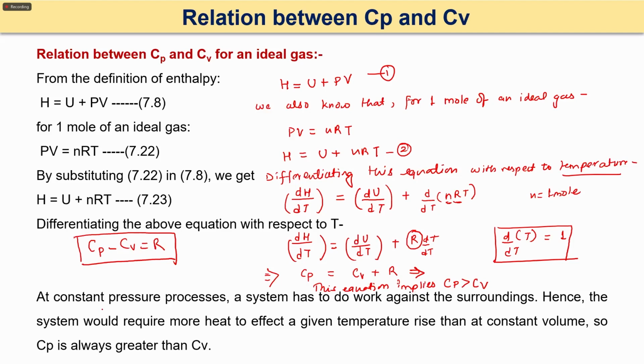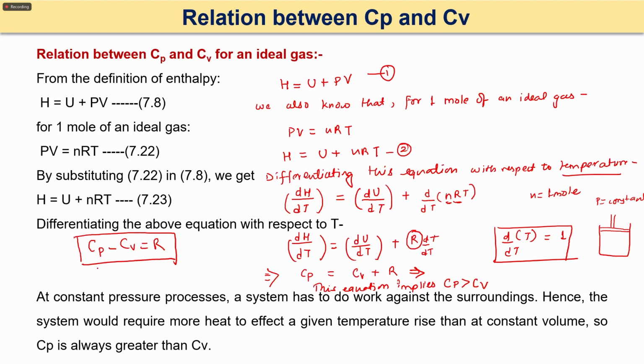If a process is happening at constant pressure, and we want to raise the temperature, we have to work against that pressure. So more heat will be required, and if more heat is required, then Cp will be more. That's why Cp is greater than Cv.